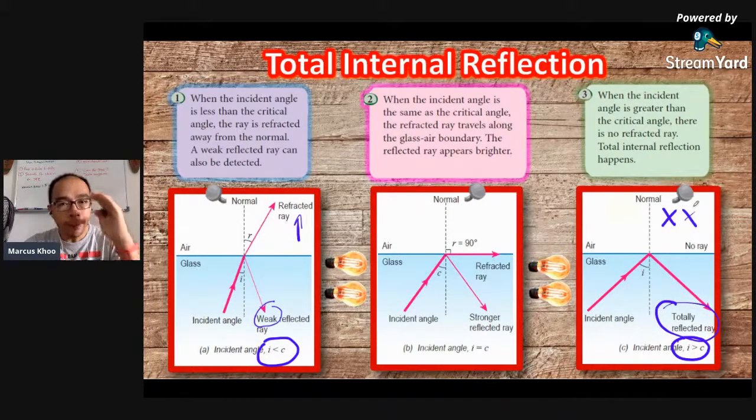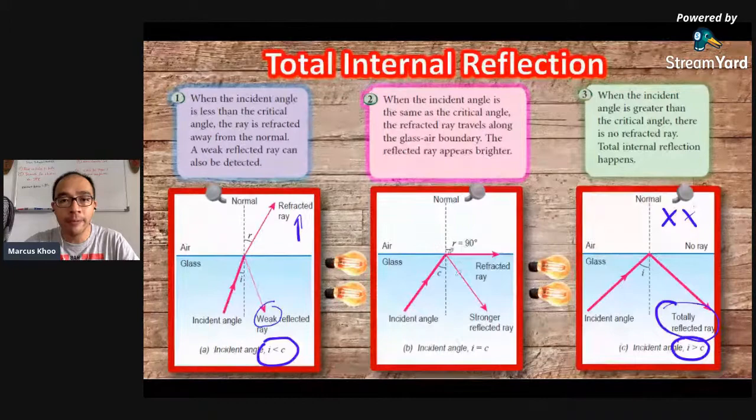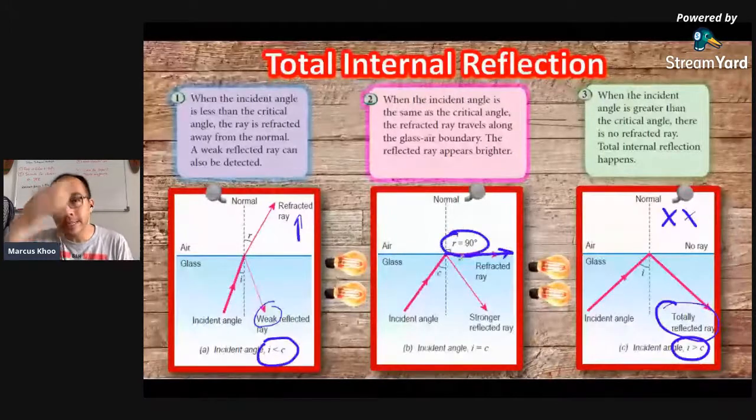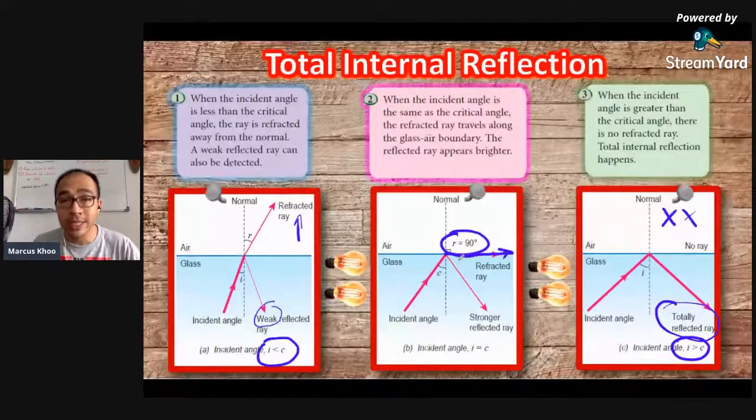But exactly at the critical angle, we find that the refraction angle is 90 degrees. This is something that we couldn't see in the simulation just now because they didn't show it.